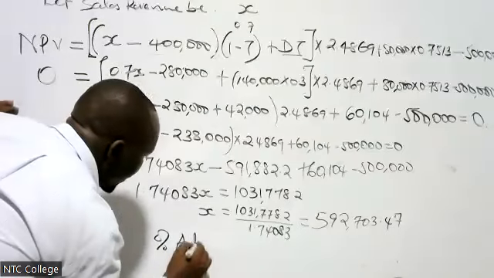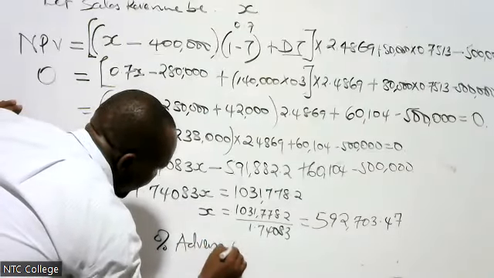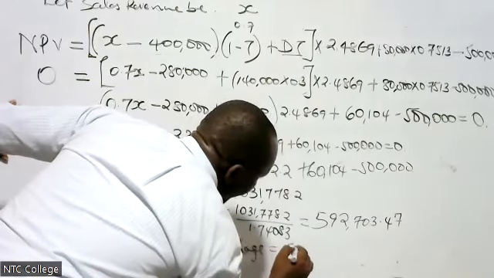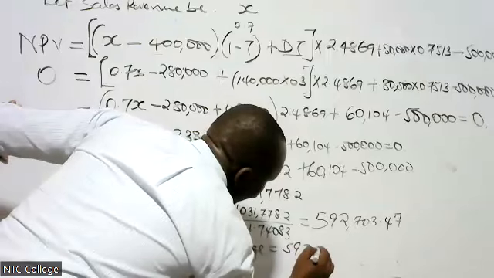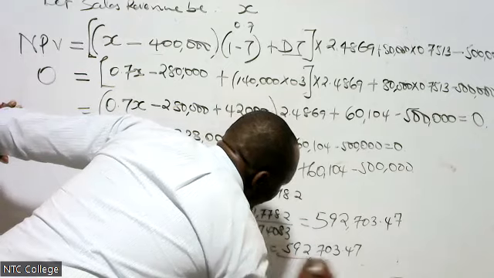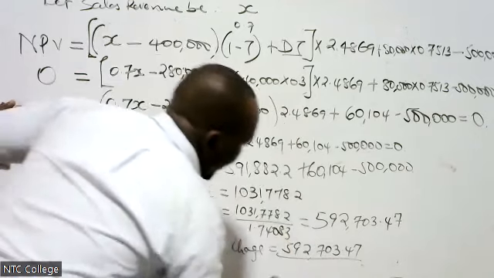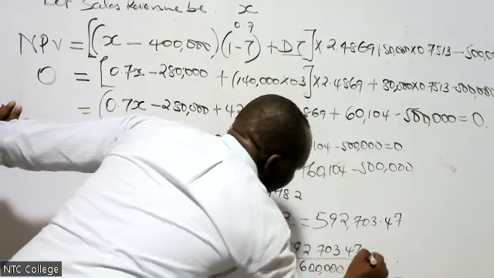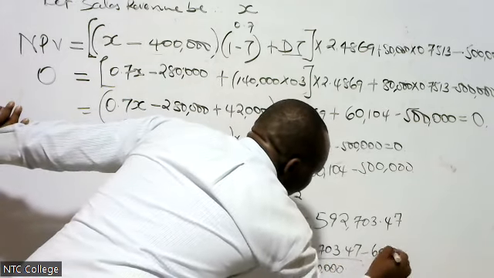Percentage adverse change is equal to the new, which is 592,703.47 all over 600 minus 600 here.